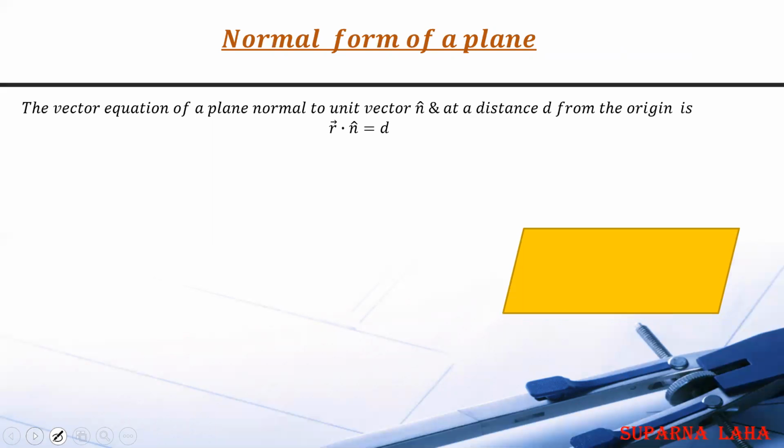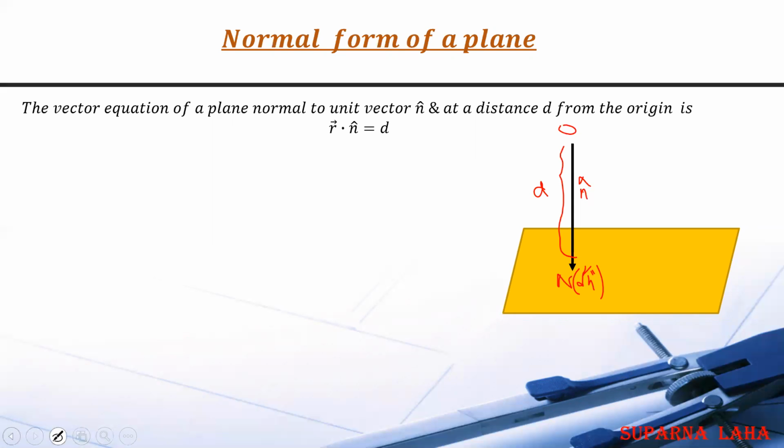Now taking a plane, and this is the origin, and this distance is given d, taking this point is N, and where n cap is the unit vector along ON. So N we can write d into n cap. Clear? D into n cap.